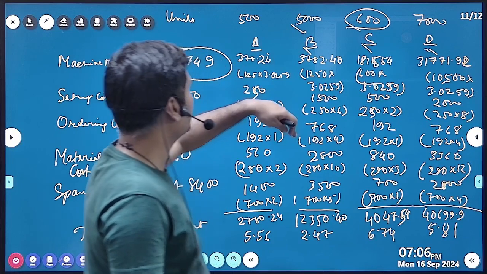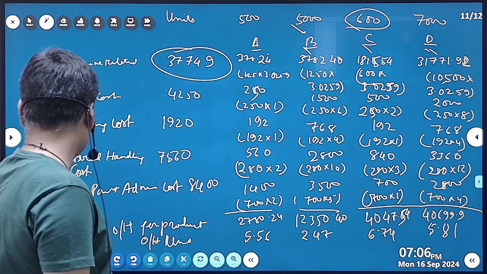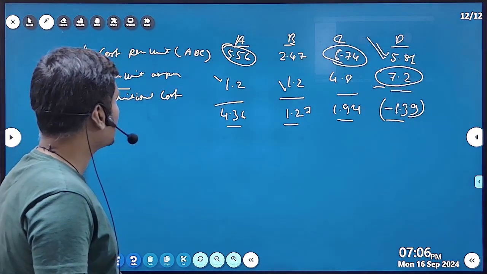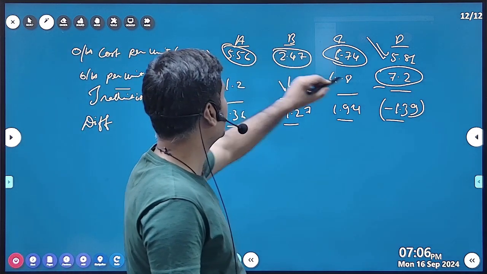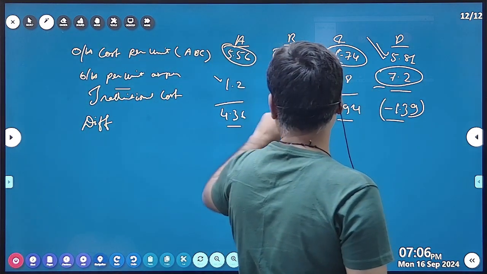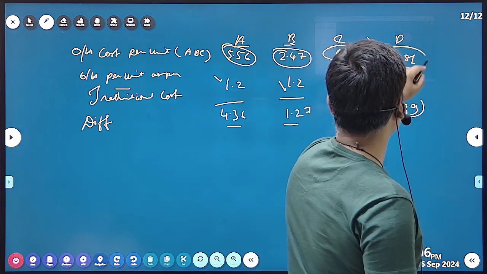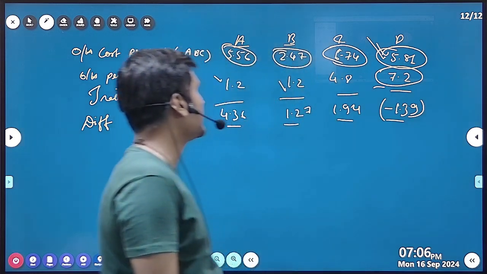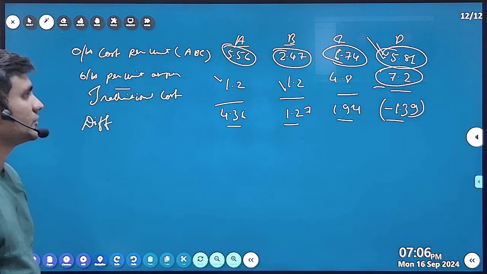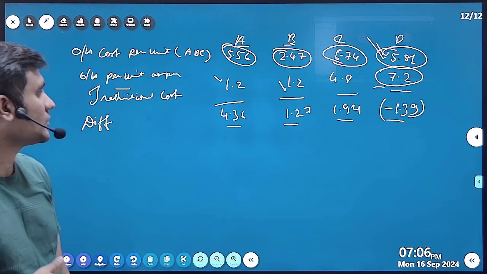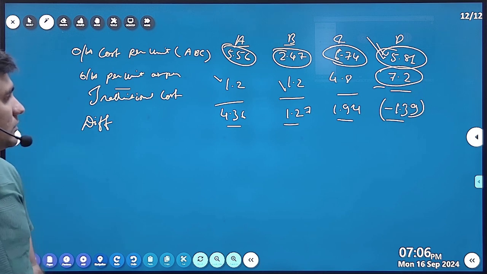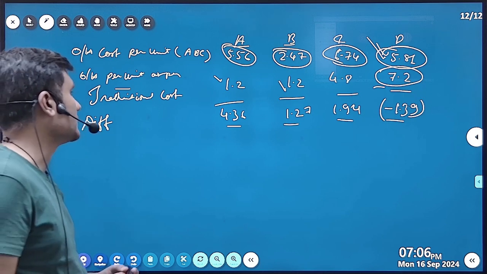B is 5000. So the overhead absorption in ABC costing has reduced in B, and in D it has reduced actually. So you can see the demerits are also being pointed out in this question.